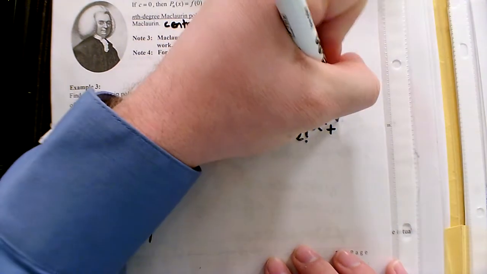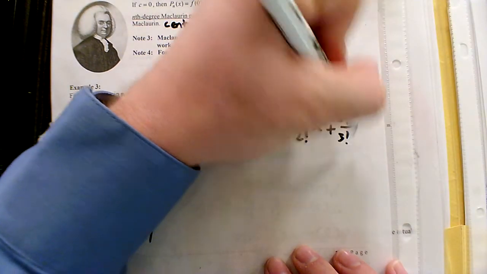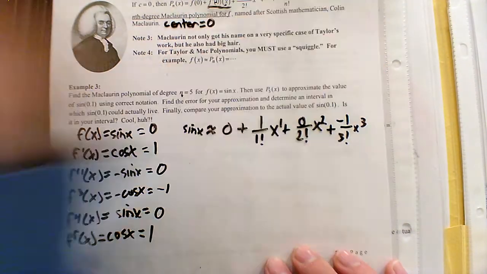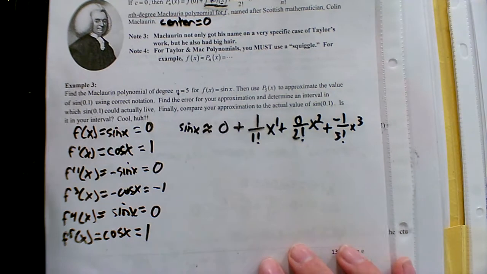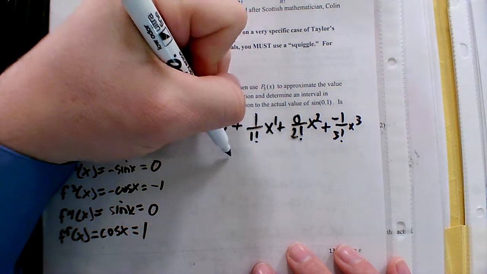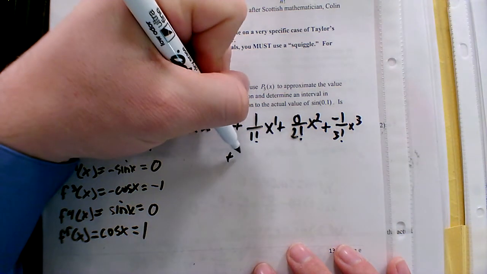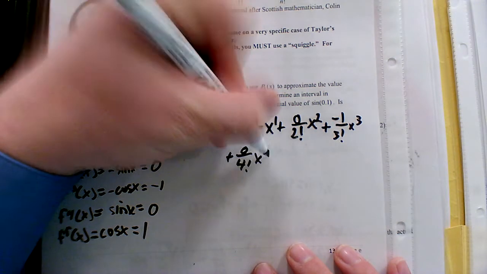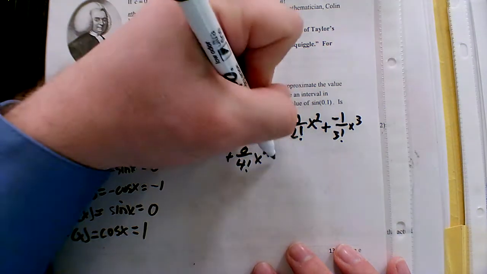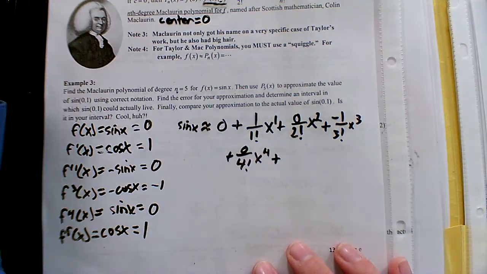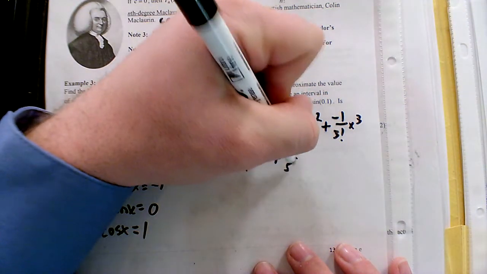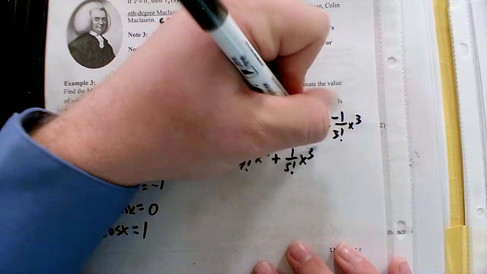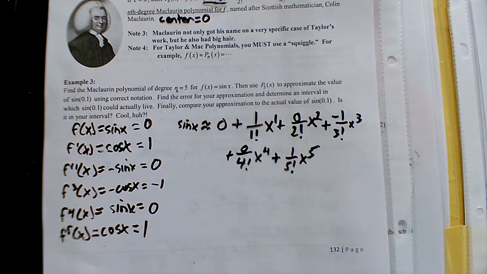So plus negative 1 over 3 factorial x cubed. I'm going to run out of room, so I'm just going to write it below. The fourth one is plus, we get 0 again over 4 factorial x to the fourth. And for the fifth derivative, we get plus 1 over 5 factorial x to the fifth.